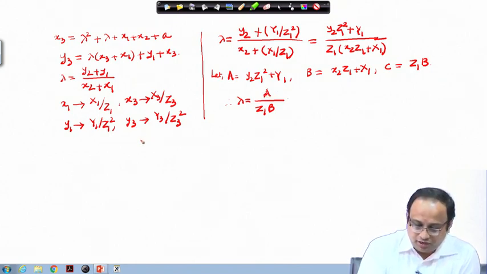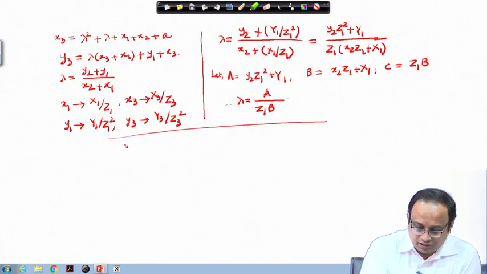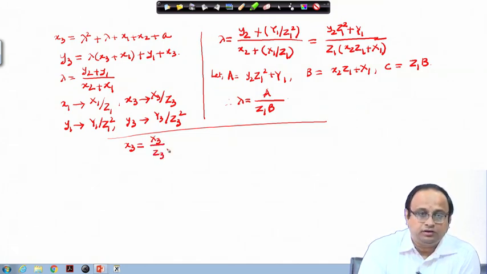With this derivation we have small x3 equal to capital X3 divided by Z3. We are trying to calculate the value of x3, but remember that x3 is equal to lambda square plus lambda plus x1 plus x2 plus a.